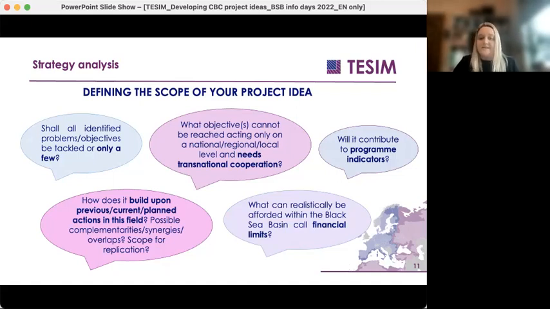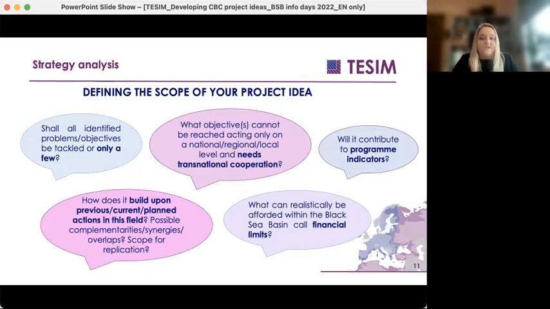In such cases, these objectives can be either left out of the project, or if they are really crucial for the project success, other organizations can be invited to join the project partnership in order to have the necessary capacity and competencies for the project implementation.